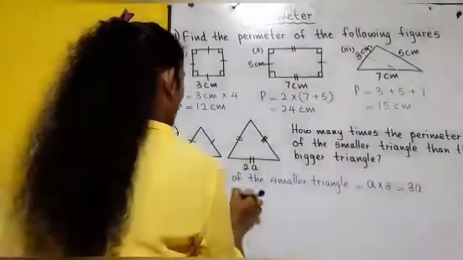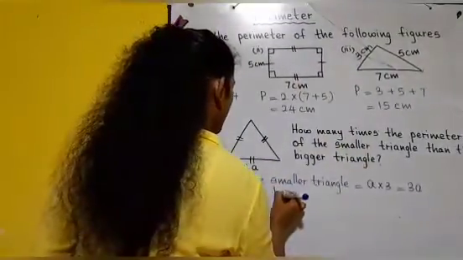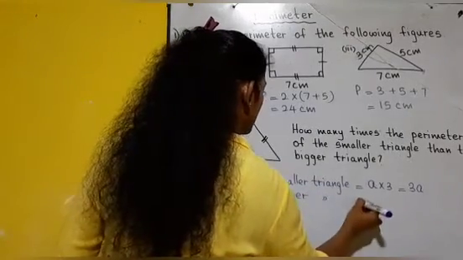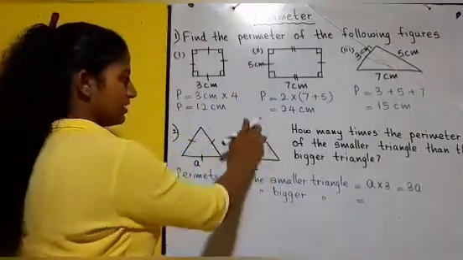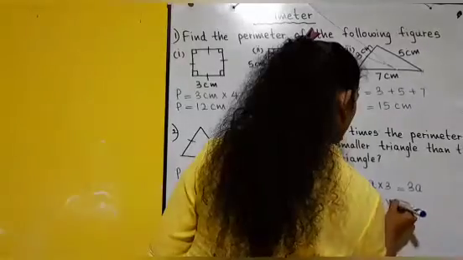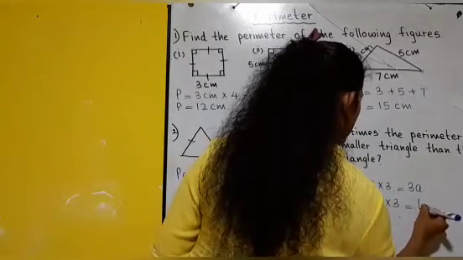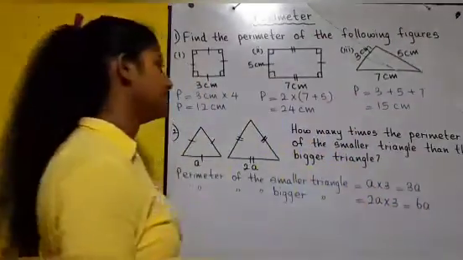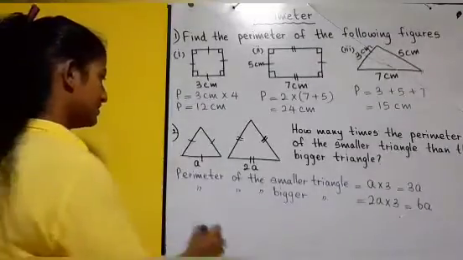Then the perimeter of the bigger triangle. That can be found by 2A multiplied by 3. That is 6A. Then we have to take the ratio between the 2 perimeters.